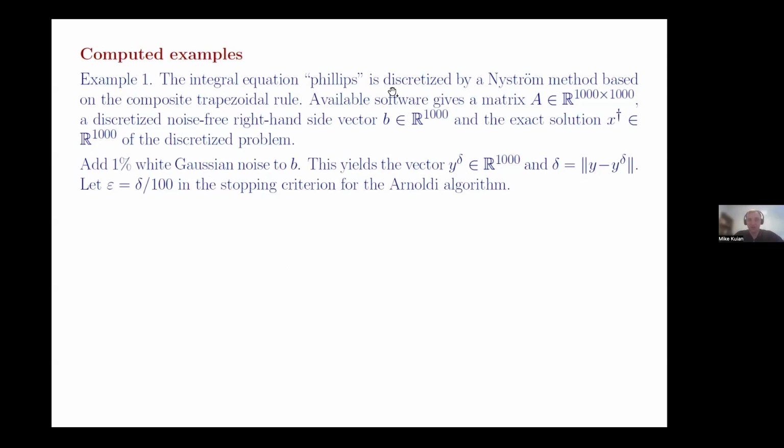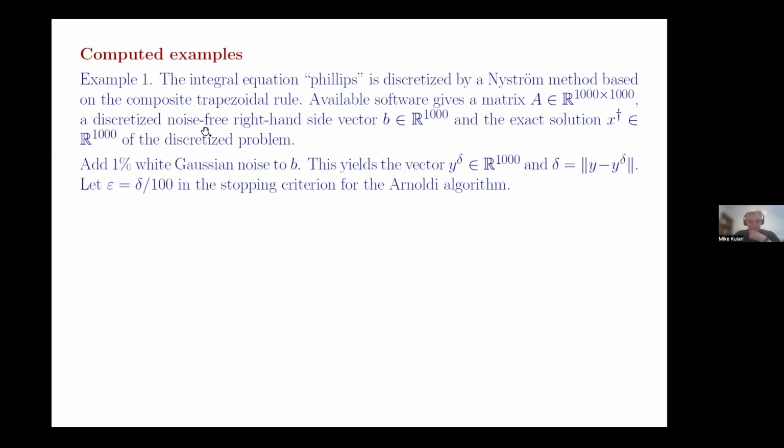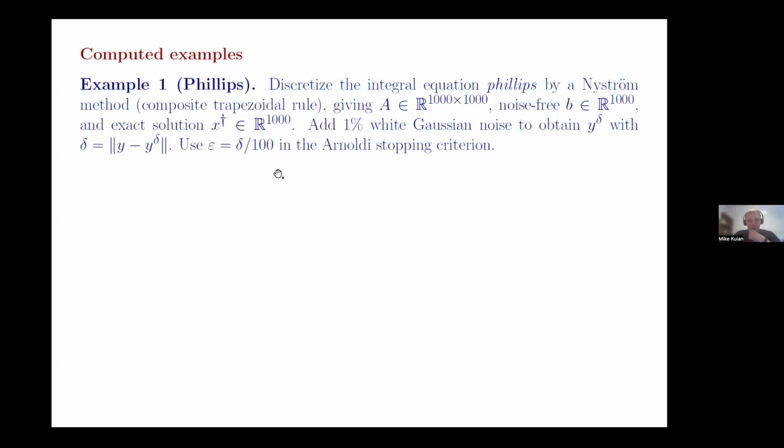The Phillips integral equation is discretized by the Nystrom method based on the composite trapezoidal rule. We used MATLAB to test these computations. What we did, we added 1% relative white noise to the data and checked what the restored solution was. You can see the result here.